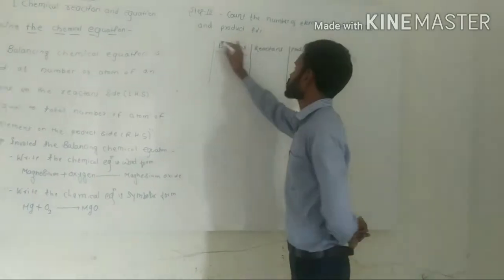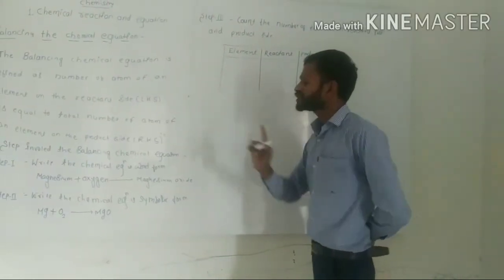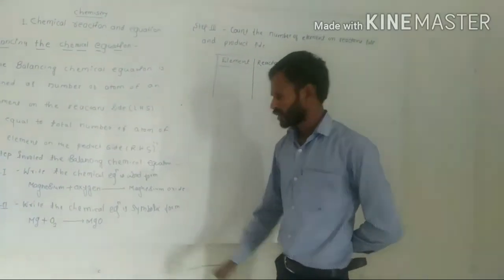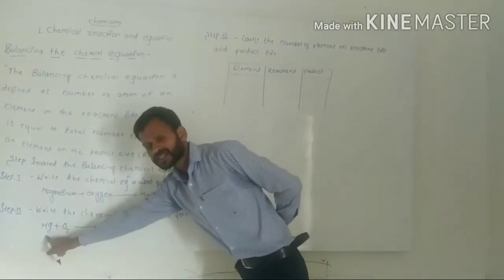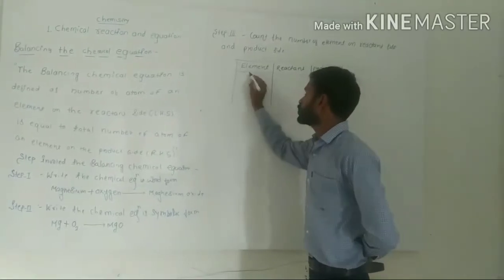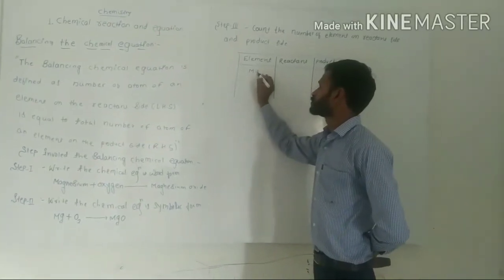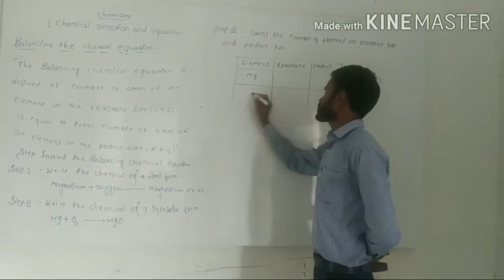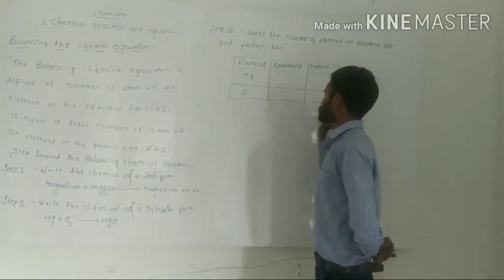Which elements are present? Only two elements. One is the magnesium atom and the second one is the oxygen atom. So simply magnesium and second one, the oxygen.